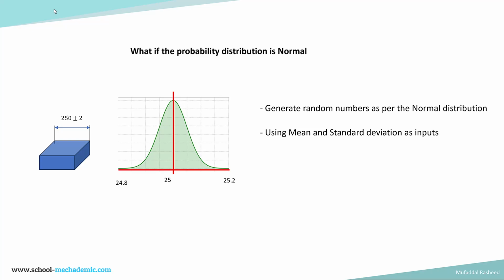In the Excel sheet, we need to generate random numbers as per the normal distribution, using mean and standard deviation as the inputs. And then the rest we need to do similar to what we had done earlier. We need to sum up the values and then find out the total width of the blocks.